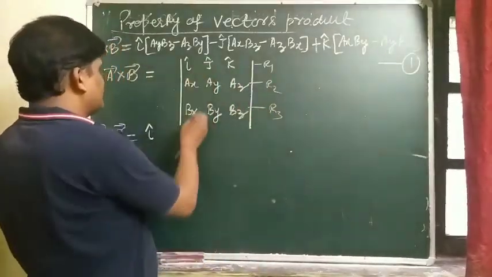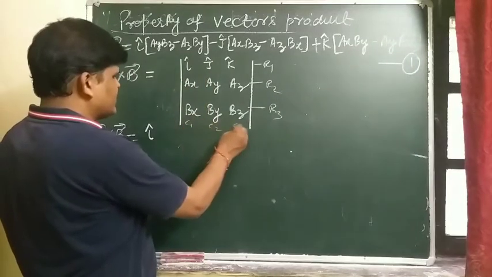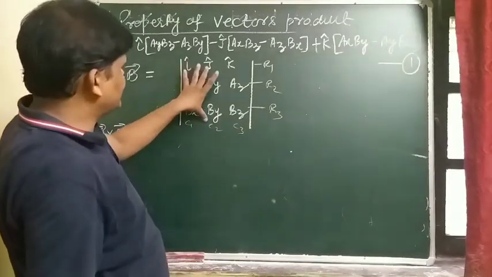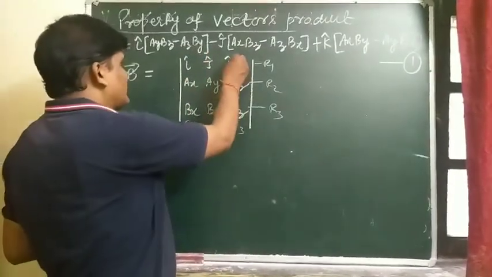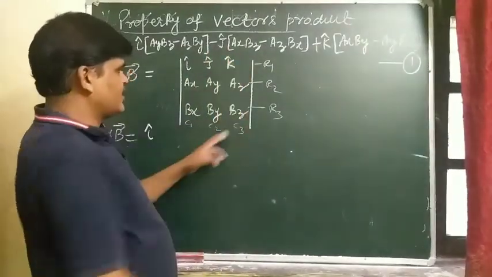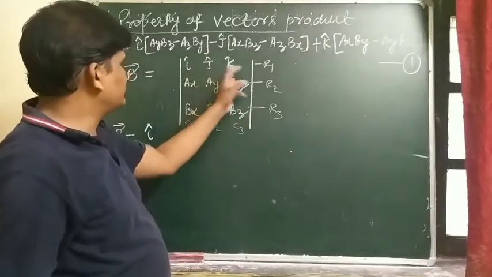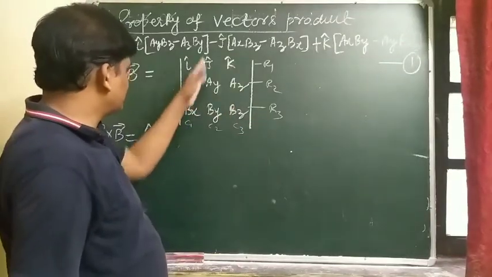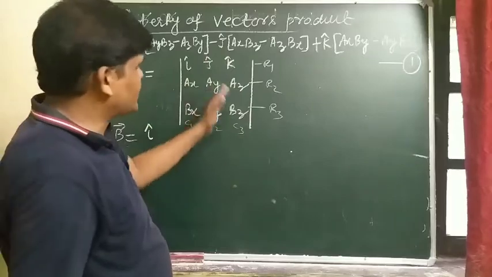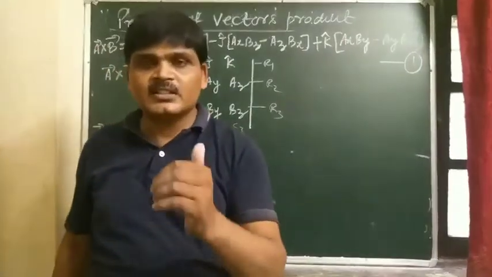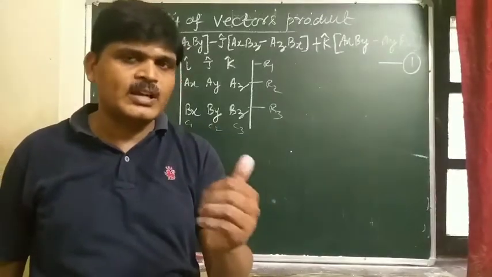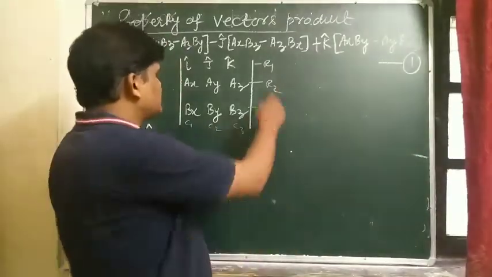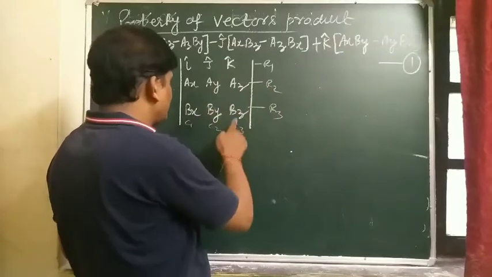And this is C1, C2, C3: first column, second column, third column. So this is a determinant of order 3 cross 3. There will be 3 rows and 3 columns. First row and then column.